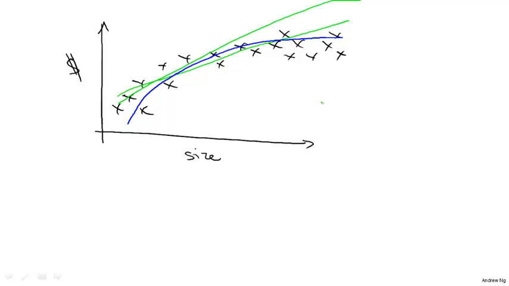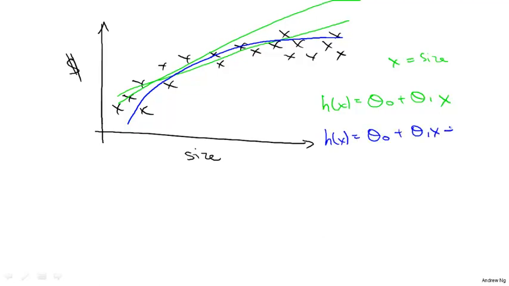So the linear model would have been h of x equals theta 0 plus theta 1x, where x is the size of the house. But maybe we instead want to fit a model that equals theta 0 plus theta 1x plus theta 2x squared, so that we can fit a polynomial function. There's this blue curve over here.